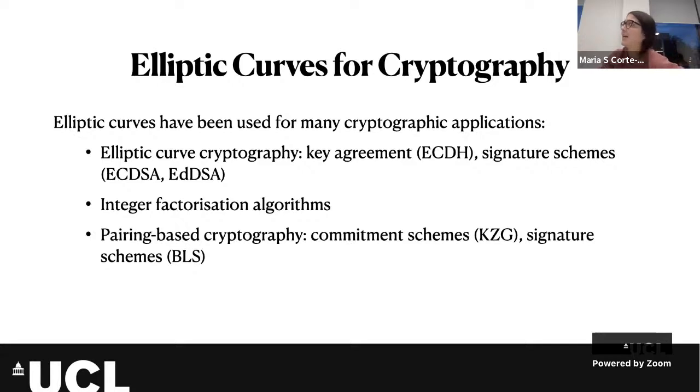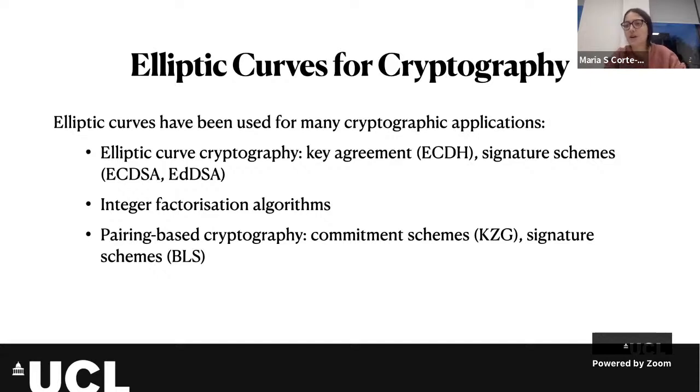And lastly, and maybe more recently, they've been used in pairing-based cryptography, and found a lot of applications in distributed technologies and cryptocurrencies due to two primitives, the BLS signature scheme and the KZG commitment scheme, which are very widely used today.